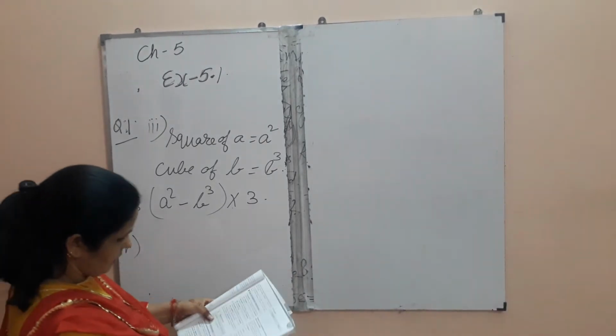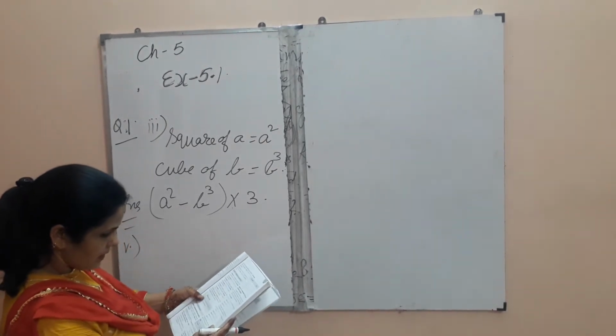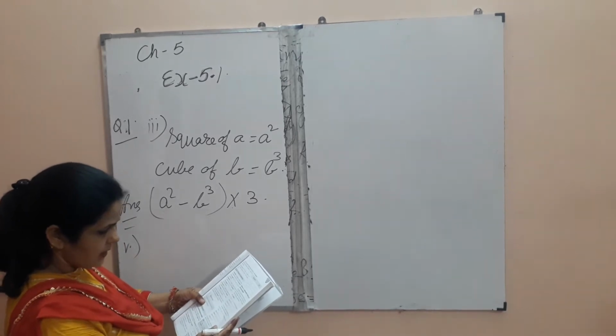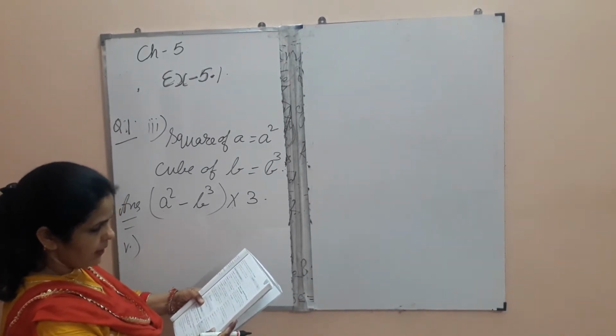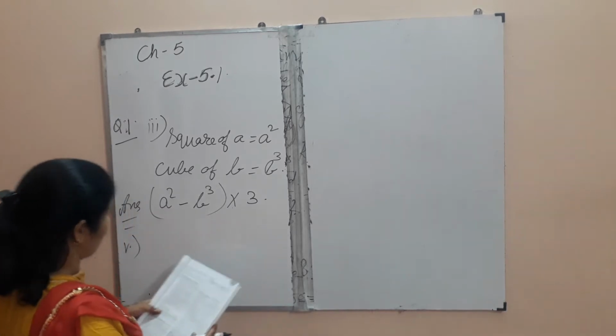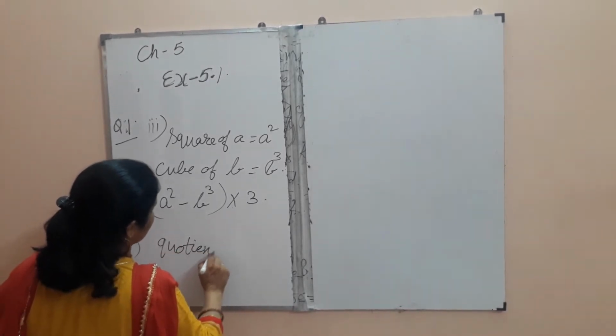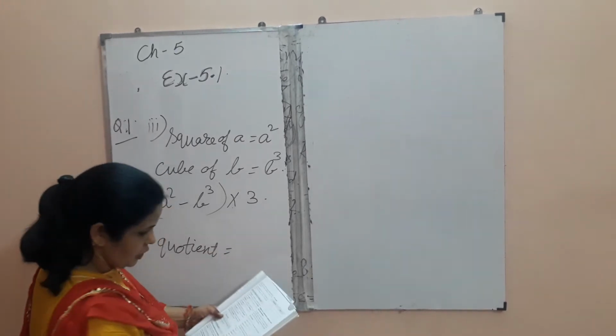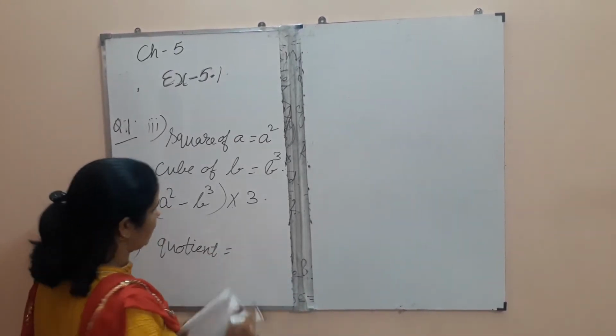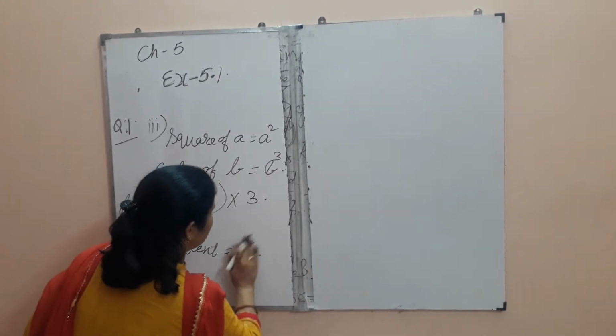Fifth part: thrice the quotient of x and 8 added to 4. Now the quotient of x and 8 will be x upon 8.